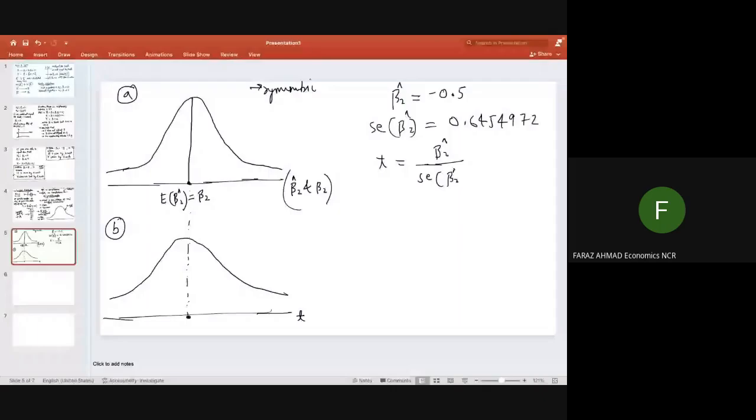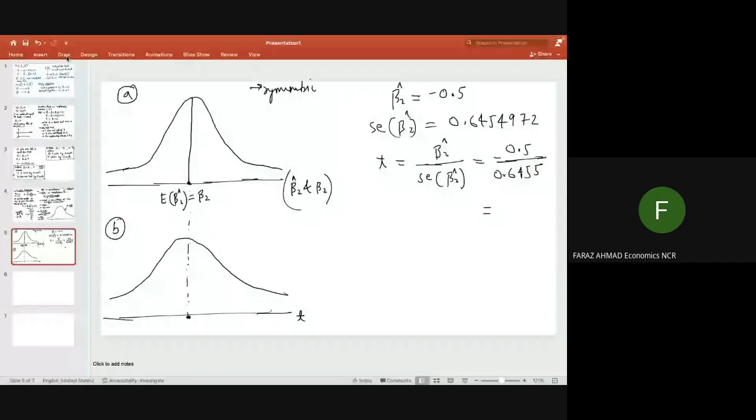The shape of the distribution is same, there is one to one correspondence, and this is the first thing that we do, right? And that t value is equal to the value of the parameter, the sample statistic divided by the standard error of the sample statistic. So what we have to find is minus 0.5 divided by 0.6455, right?